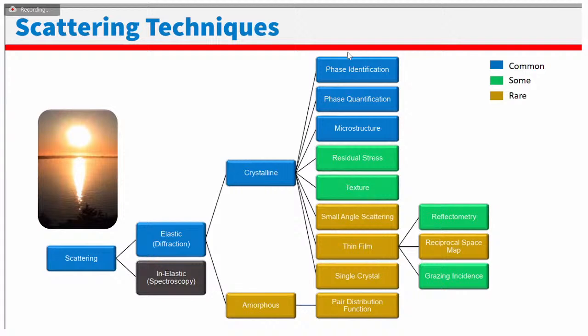If we do scattering, in general there are two kinds. Either we do diffraction, the elastic, where there is no change in energy, or we do inelastic scattering, the dynamics.